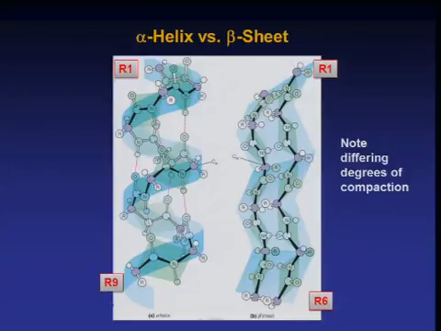So there are 6 amino acids here in the length of that beta strand, whereas over the same distance in an alpha helix, there are 9 amino acids. So the alpha helix is a more compact structure, and also you would have more R groups within that distance.